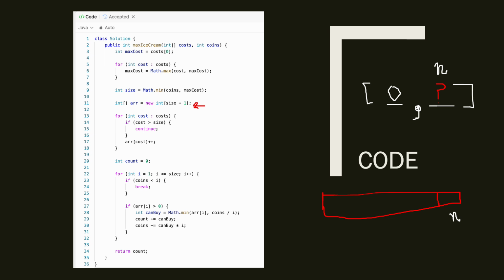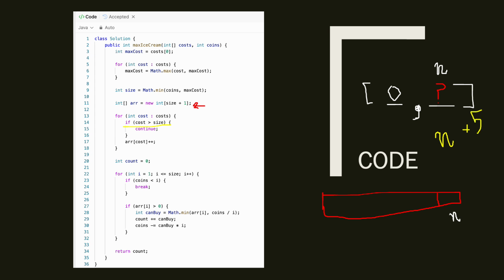Now from line 13 till 18, what we are doing is that we are actually storing the frequencies. Now notice this line which says if cost is greater than size. What it means is that, let's say we have n elements and some cost of some ice cream is maybe n plus something, n plus maybe 5.